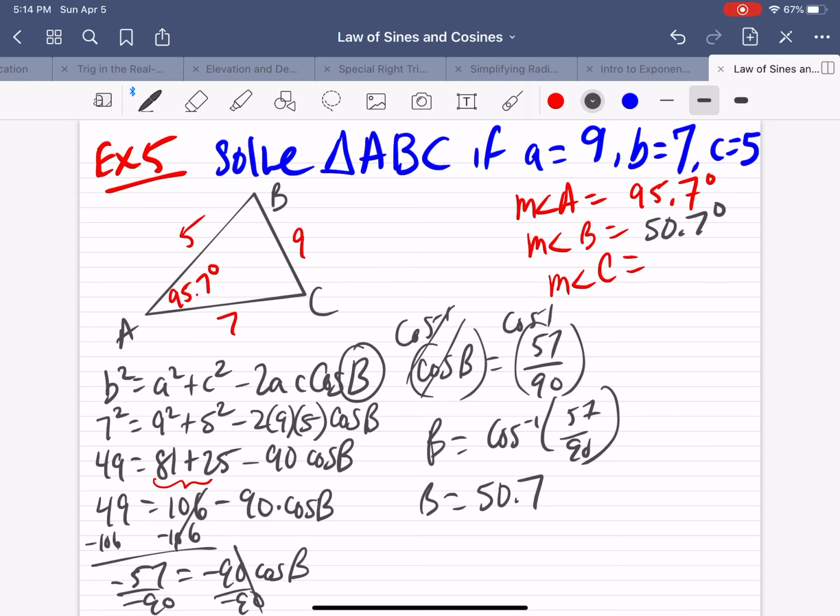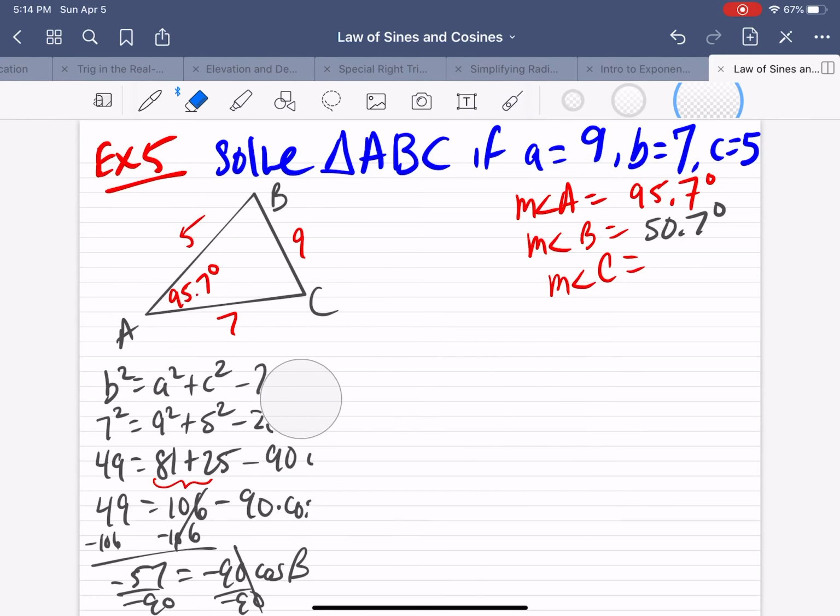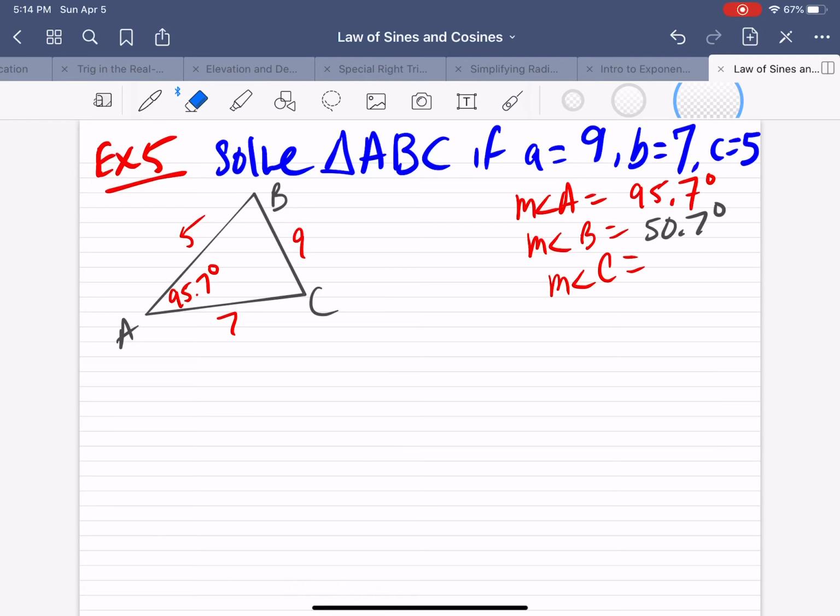So now you have two of the angles. To find the third, let's do it the easy way and apply the angle sum theorem: the angles in a triangle add up to 180.